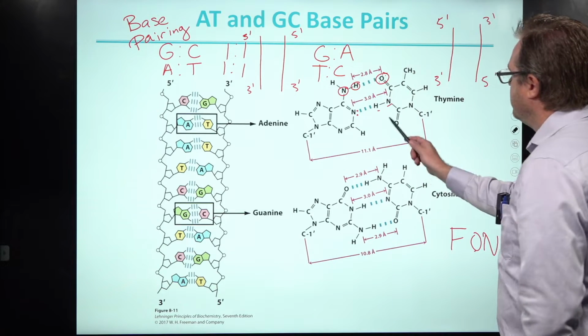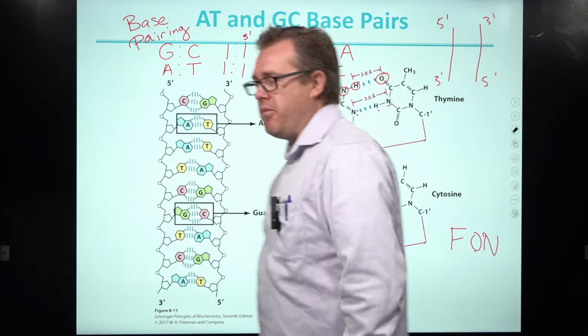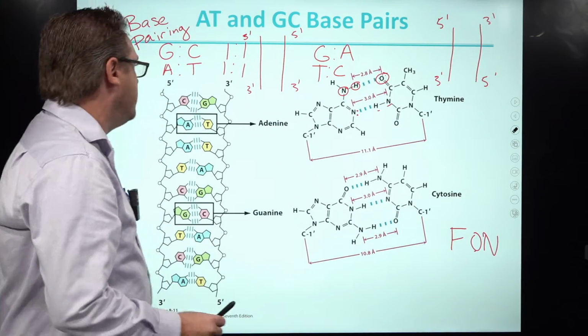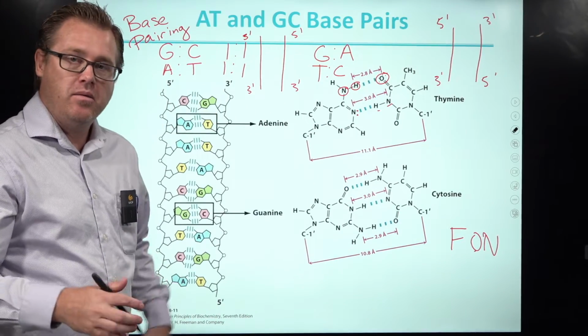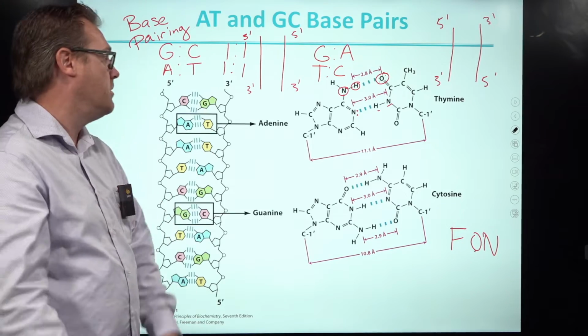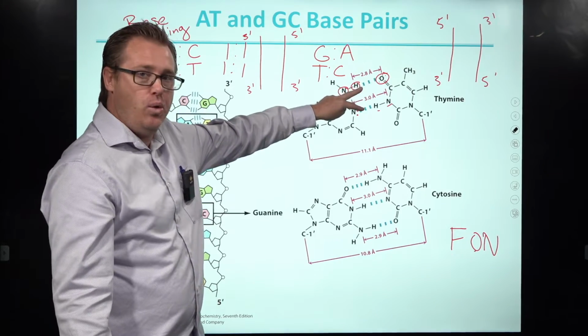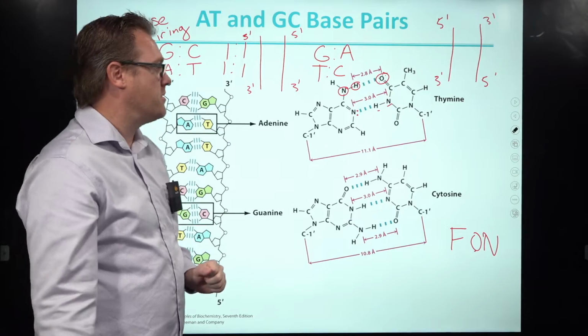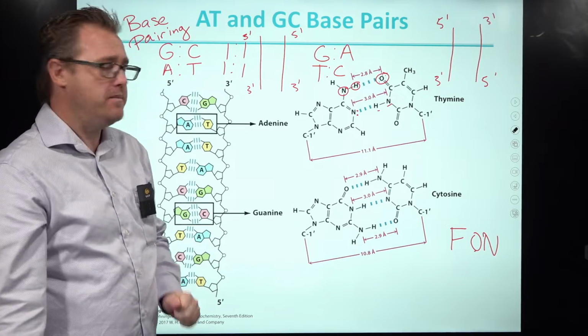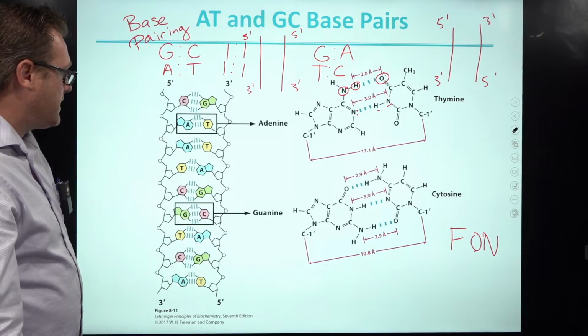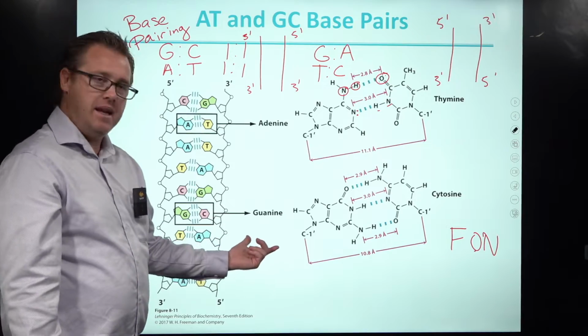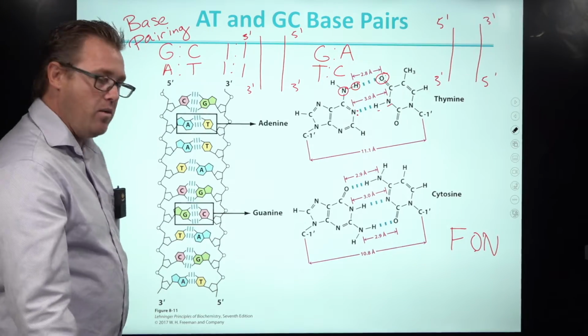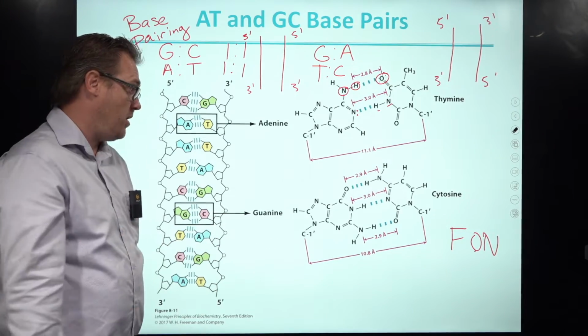So all we have when we look at the adenine and the thymine base pair is it only has 2 hydrogen bonds. Right? In contrast, when you look at guanine and cytosine, you can see what? 3 hydrogen bonds.